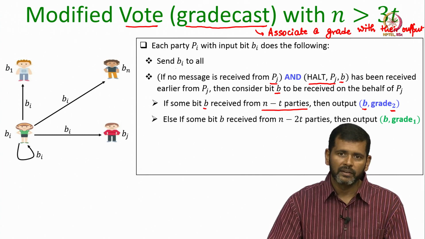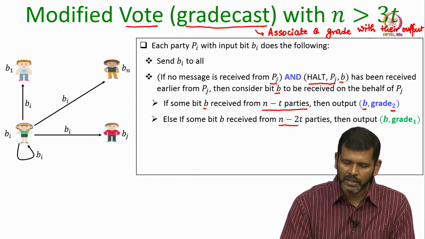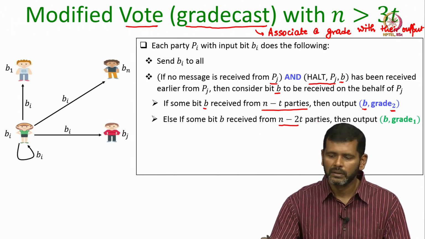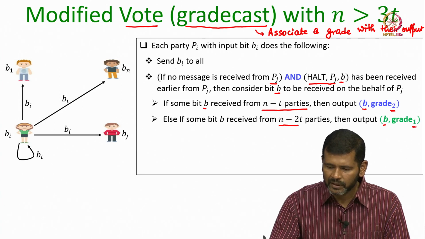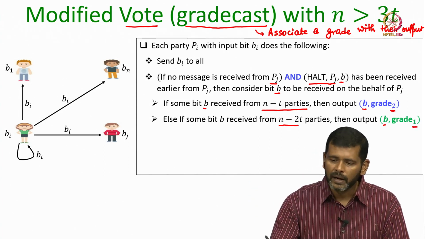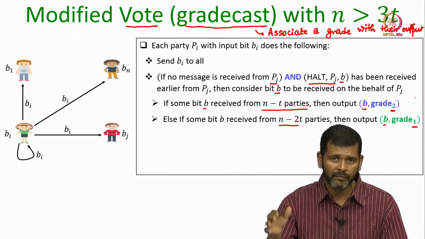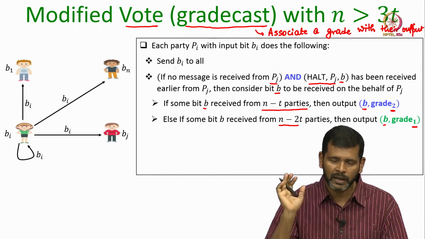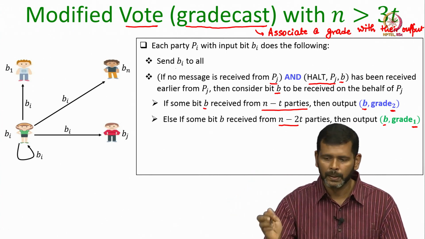Whereas, if some bit is received physically or virtually from at least n minus 2t parties, then output that bit, but with a lower grade. You see the confidence level is now low, confidence regarding whether other parties will be outputting b or not. If I output b with grade 2, that means I am giving a very high confidence that every other honest party will also output either this bit b or the value bot, but no other bit.